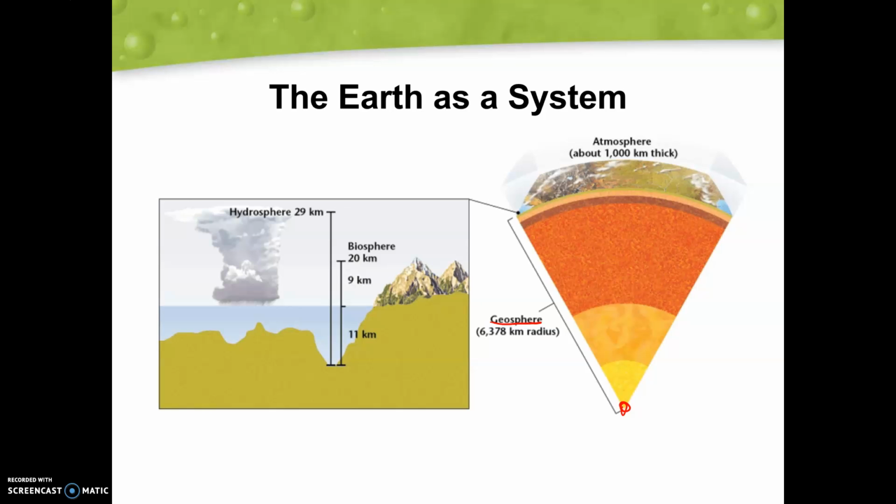And if we look, we can see in this image right here that our atmosphere is also combined on everything that goes above the crust of our Earth, which includes our biosphere and our hydrosphere.